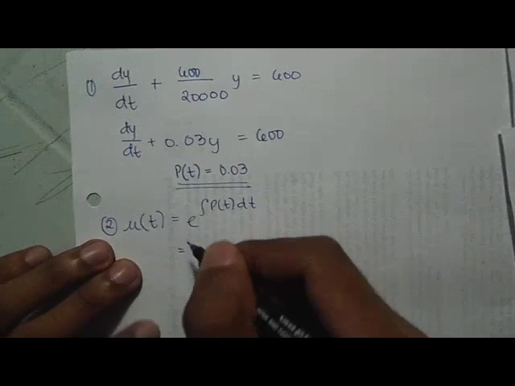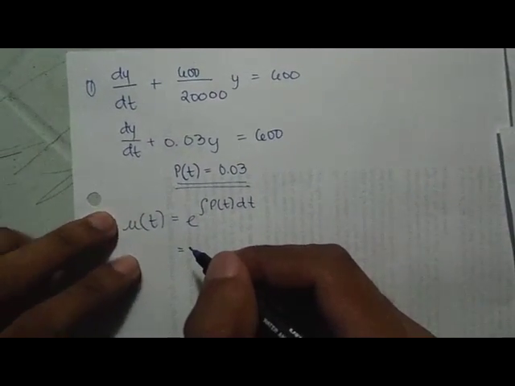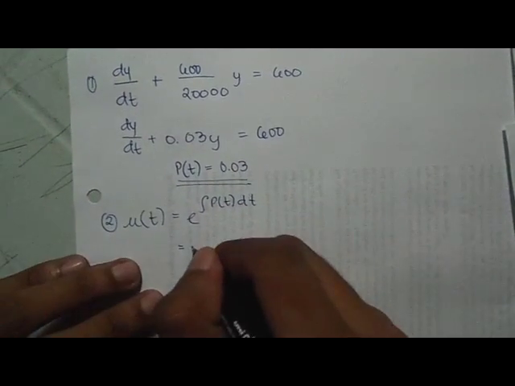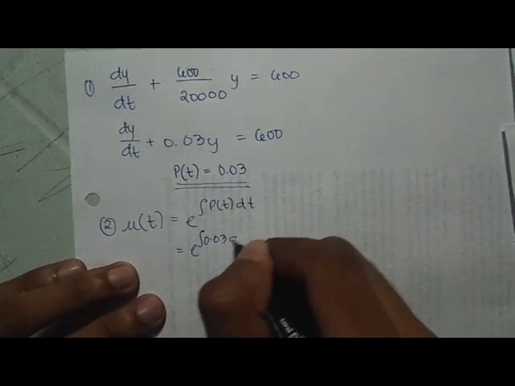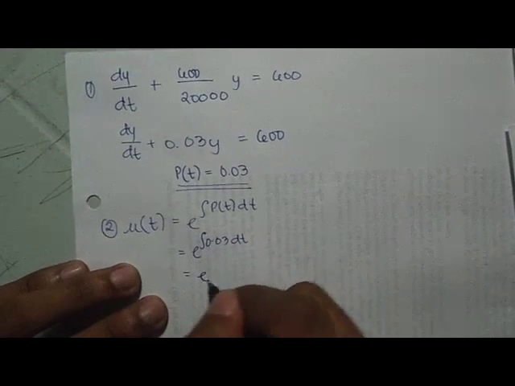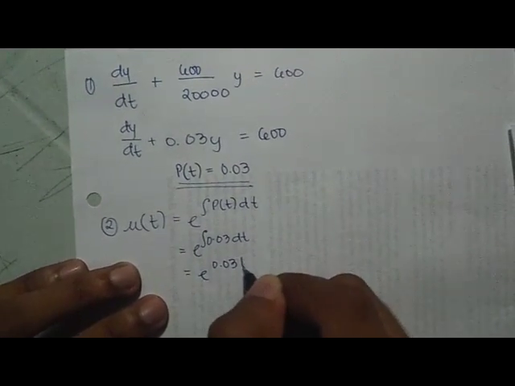So our mu of t, or our integrating factor, becomes e raised to 0.03 integral of dt, which is equal to e raised to 0.03t.